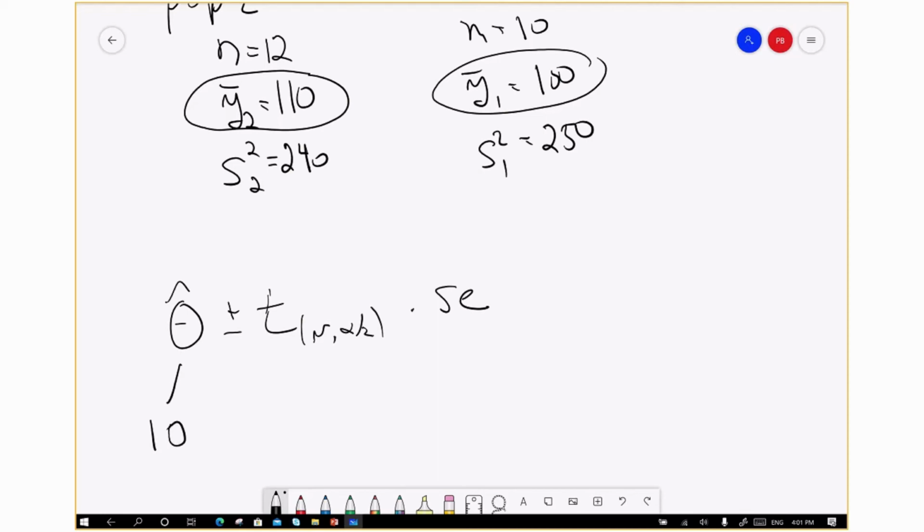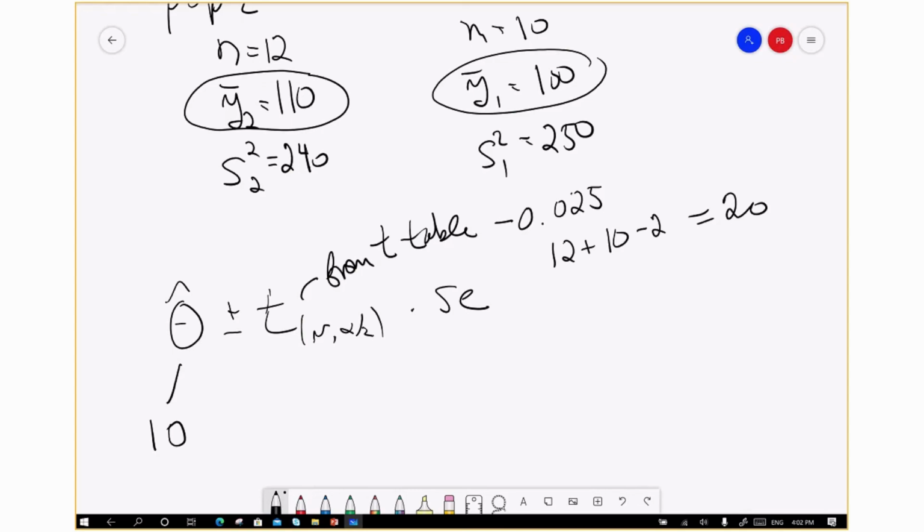Our t value, we're going to get that from our t table. Look at the value 0.025. How many degrees of freedom? We're going to have 12 plus 10 minus 2, and that's going to be equal to 20 degrees of freedom.